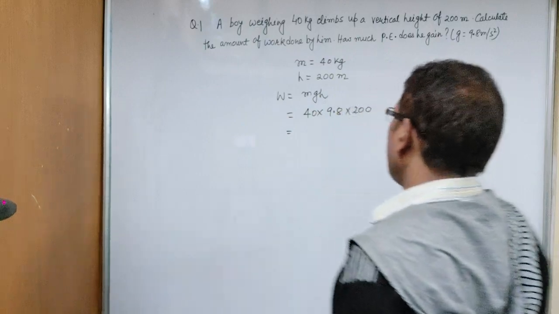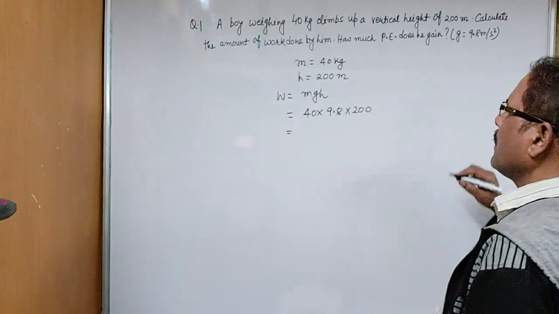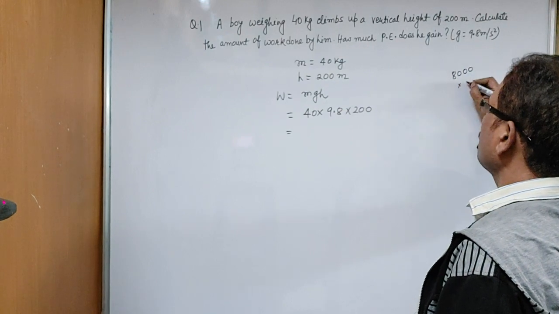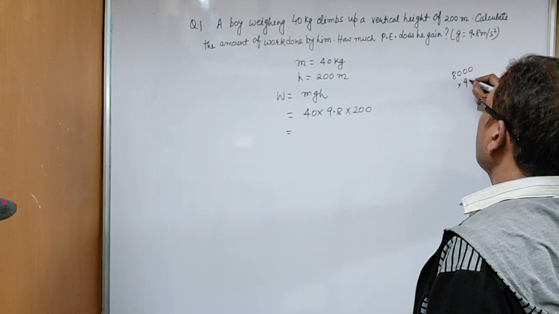So multiply these. So 40 into 200, it will be 8,000 into 9.8.